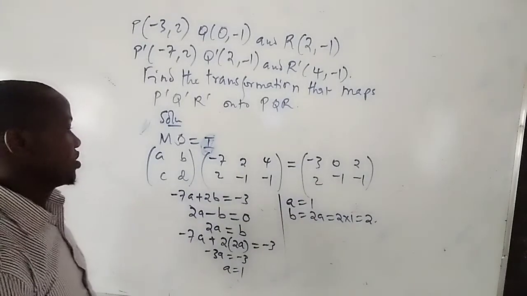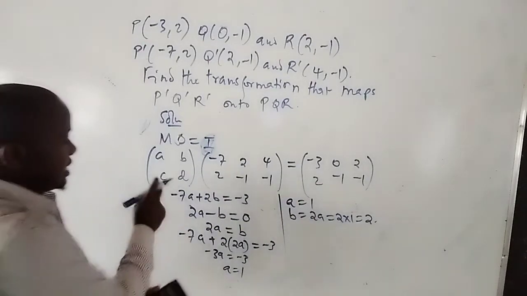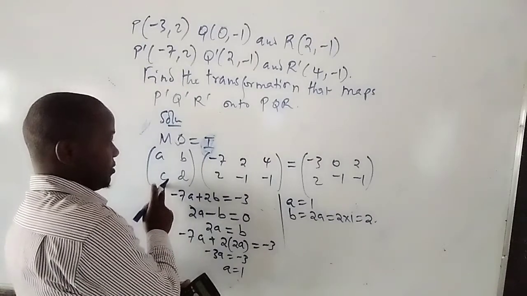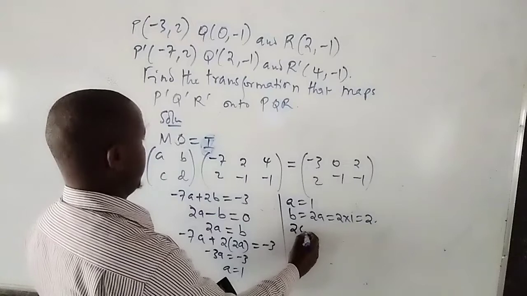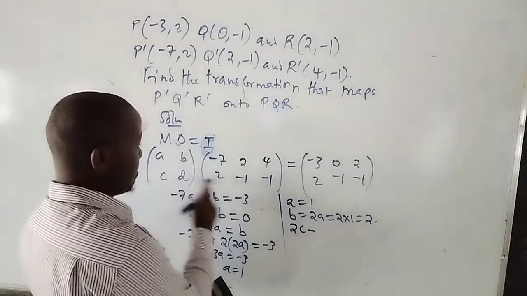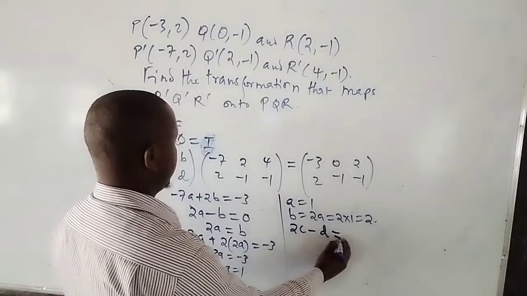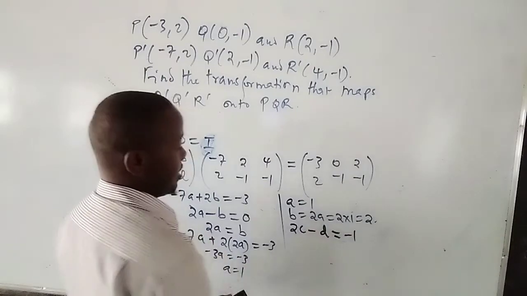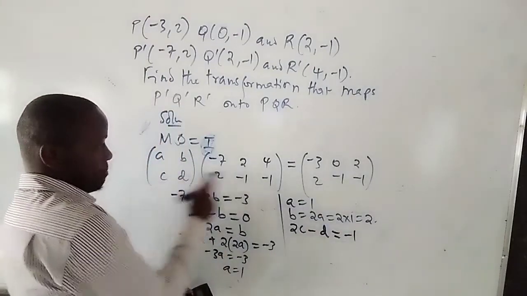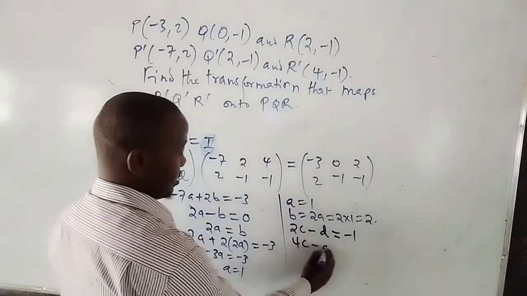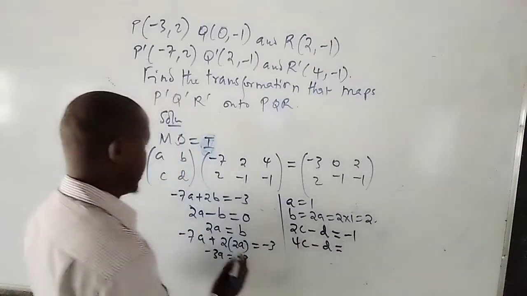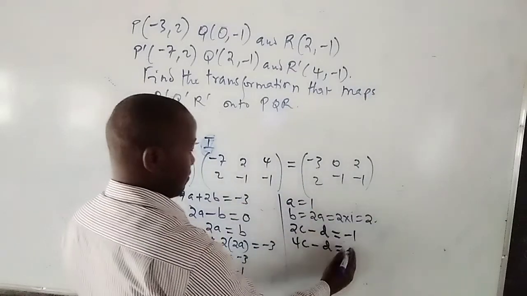So we can say that C by 2, which is 2C, plus D by -1, which is -D, should give us -1. Again, C by 4, 4C, D by -1, -D, should give us -1.